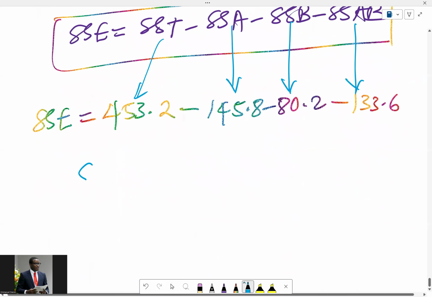So that finally SSE is equal to 453.2 minus 145.8 minus 80.2 minus 133.6, and that is 93.6. So sum of squares for error is 93.6.